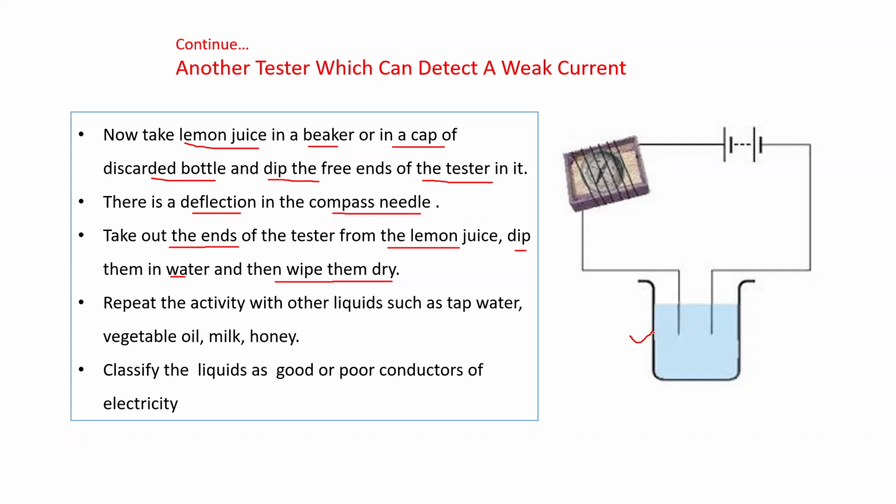Now, if we want to test another liquid, then we have to wash these two ends with water and wipe them dry. Then repeat the activity with other liquids such as tap water, vegetable oil, milk, honey. And on the basis of observation, on the basis of deflection in this compass needle, we can classify the liquids as good or poor conductors of electricity.